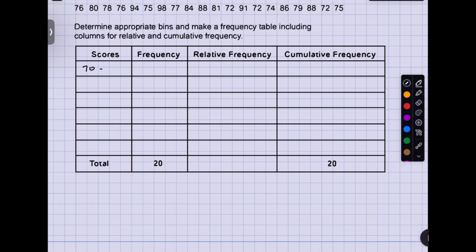Okay? So, someone mentioned in the class we should start at 70 and go by 5s. Great idea. But if we start at 70 and go by 5s, where does 70 really go to? Does it go to 75? 70? 71? It goes to 74. 75 to 79, 80 to 84.